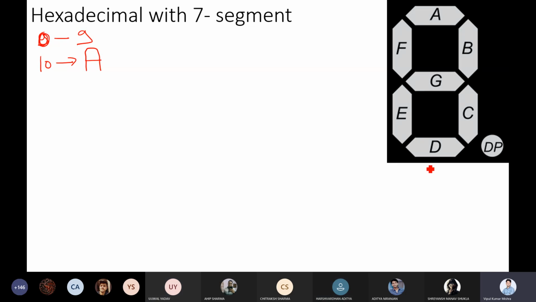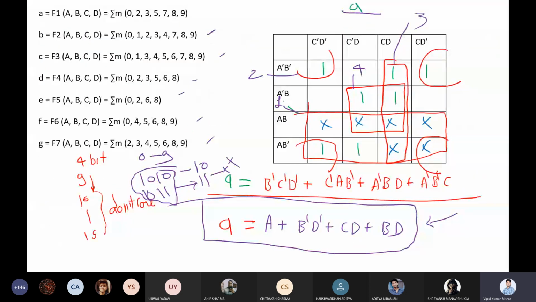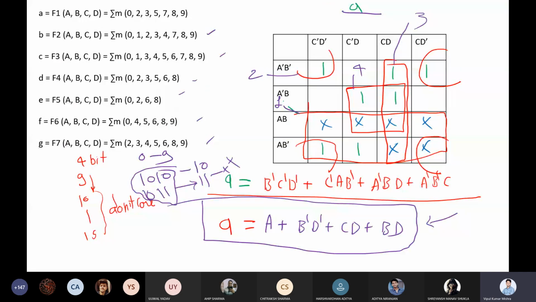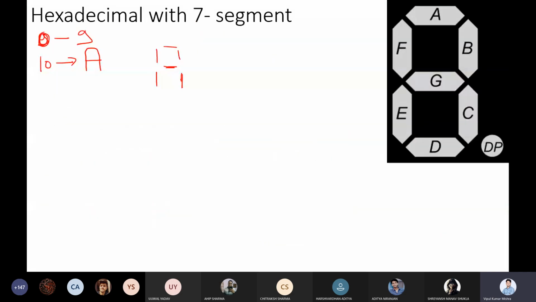What will not glow? D. Just D. The rest will be glowing, so this, this, this, this, this, and this. You will get A from here. So you can write the equation for this as well. Definitely you can make an input combination for A. So in your previous table, we now have 10 as well, and the corresponding output will be based on this glowing.